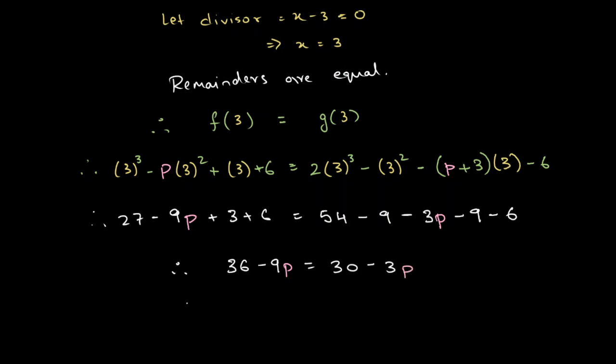Let's rearrange our terms now. Bring all the p terms on one side and the rest on the other. So take 3p to this side and take 36 to the other side. So I have minus 9p plus 3p is equal to 30 minus 36.